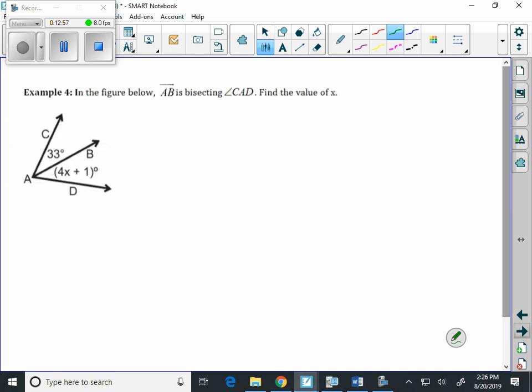So to finish, let's look at an illustration. In the figure below, ray AB is bisecting angle CAD. That means that this angle here is the same as that angle there. To figure out the value of x, we take 33, even though it's degrees, that's okay, and set it equal to 4x plus 1.